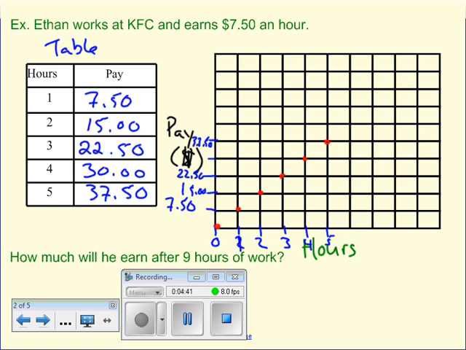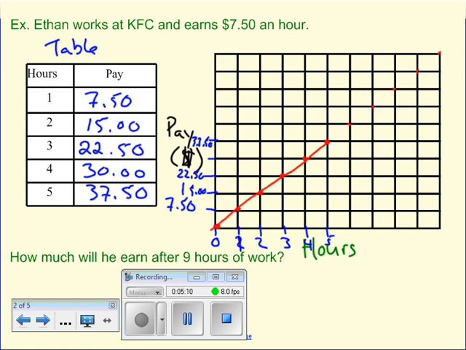So we can see that this is a direct variation. And we can actually plot a line going from dot to dot to dot, and we can even extend it out to here for 6 hours, 7, 8, 9, and 10, and so on. So this gives us a very good indication about how much money he could make over time. So this is a graph, and it goes right through 0.